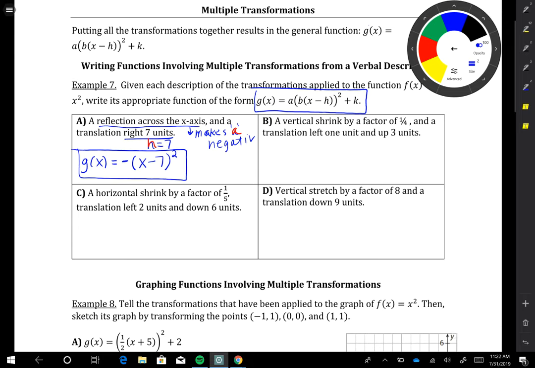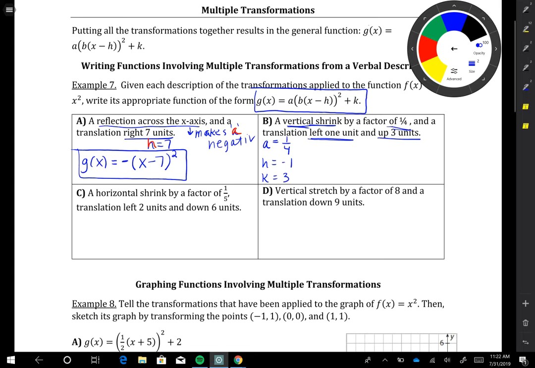Letter B says a vertical shrink by a factor of 1/4 and a translation left 1 unit and up 3 units. So we have 3 things happening here. First of all, we have a vertical shrink by a factor of 1/4. That gives us an A value of 1/4. The translation left 1 unit gives us an H value of -1, and then up 3 units gives us a K value of +3.